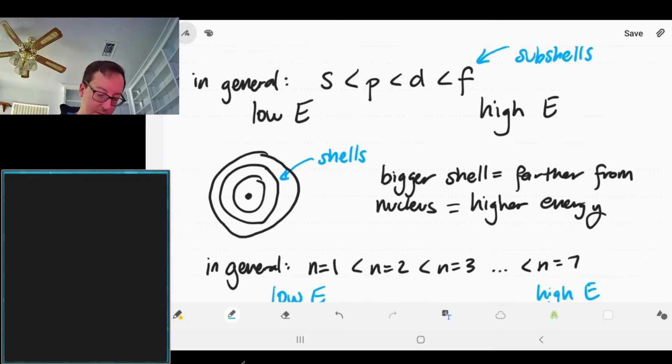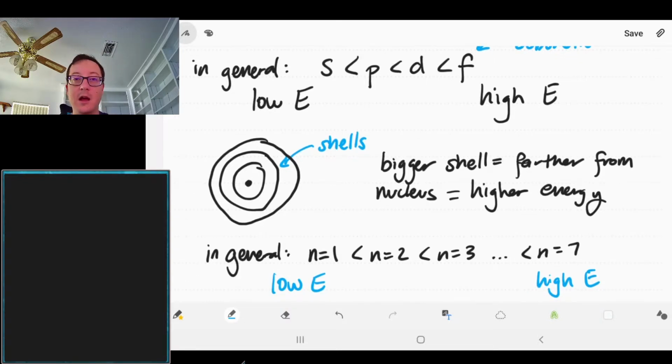So the subshells are those ones. We have our shells here in the middle.